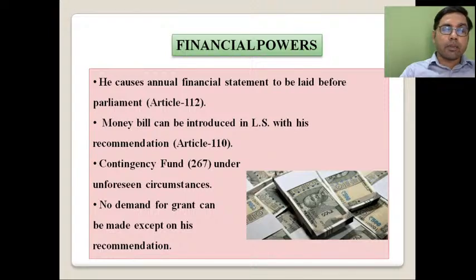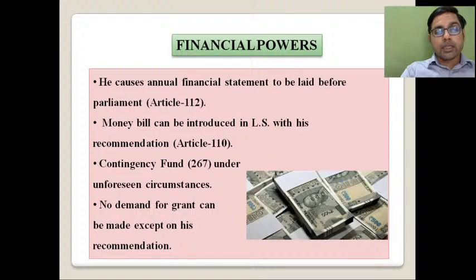Then with parliamentary approval more money can be spent from consolidated fund of India, and even this amount of money will be shifted from consolidated fund to contingency fund. These funds we will discuss later on while discussing legislative procedures, Article 265, 266, 267. But for the time being I am saying that is another financial power of what?